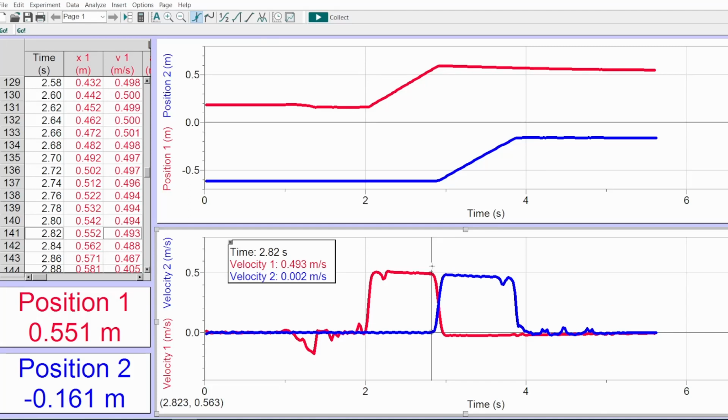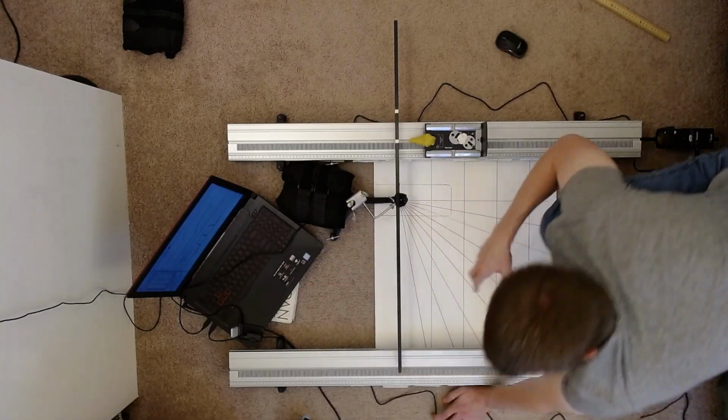So velocity of cart 1 is 0.493 before the collision. After the collision, velocity 1 is negative 0.025 meters per second. Velocity 2 is 0.486 meters per second. And then we'll go into the analysis for these.